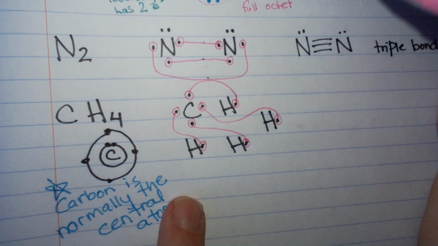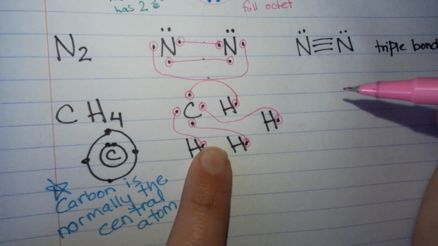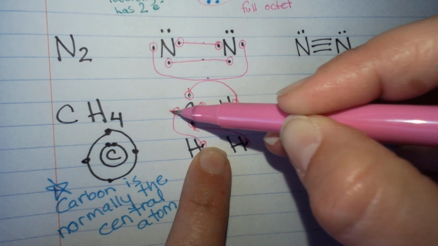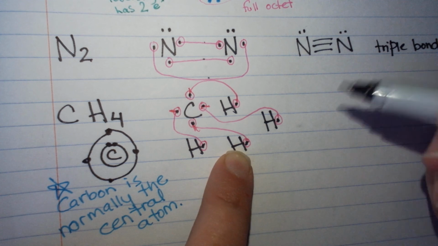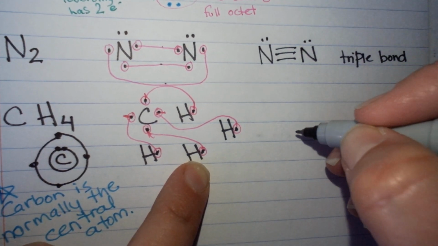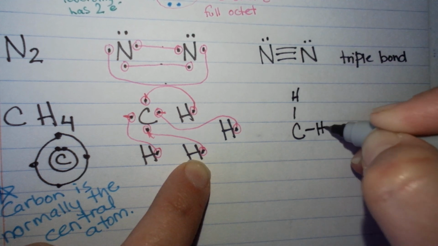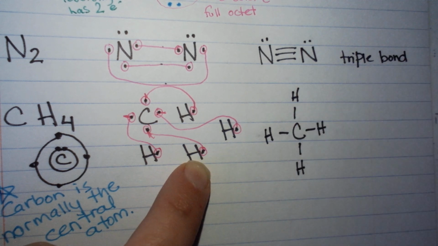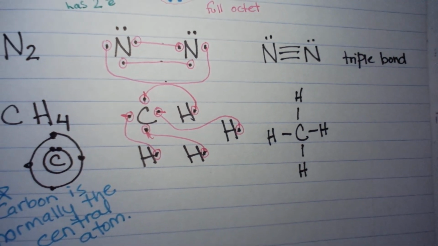Now that's pretty messy. But you can see from each lonely carbon electron, we have something bonded to it. So when we draw that structure, we're going to have this. Okay. And that kind of tells us a little bit about the shape that we have.